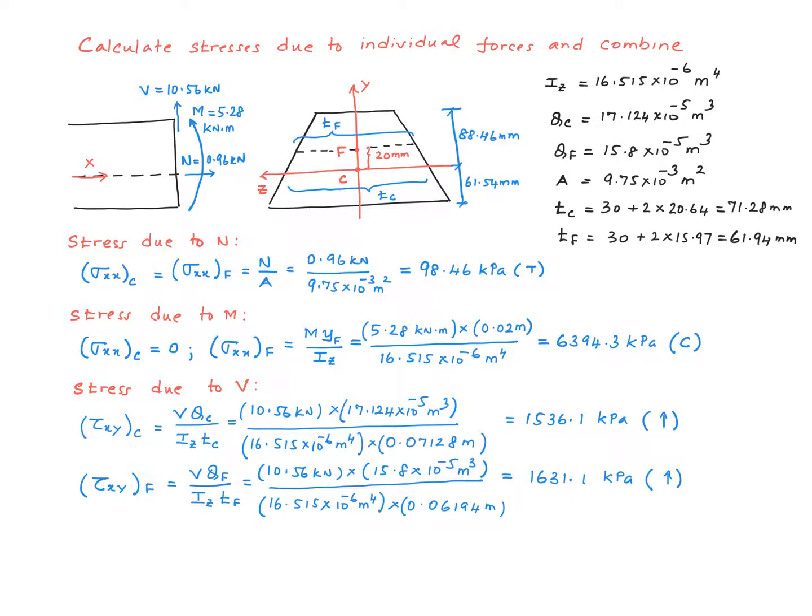And here are my calculations for the stress at point C and point F. We get a value of 1536.1 kilopascal at point C and 1631.1 kilopascal at point F. You may want to note that the stress at point F is actually greater than the stress at point C. Now this is due to the non-symmetric nature of the cross-section. You might recall for a rectangular cross-section, the maximum always happens on the centroid.